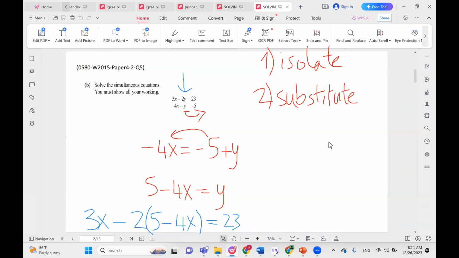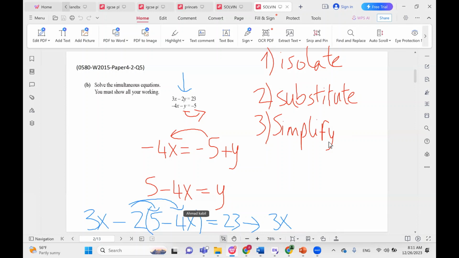All that remains to do is to simplify. So let's try to simplify this. 3x remains as is. Minus 2 is distributed onto the bracket. So remember, you multiply both terms by negative 2, not by 2 only.